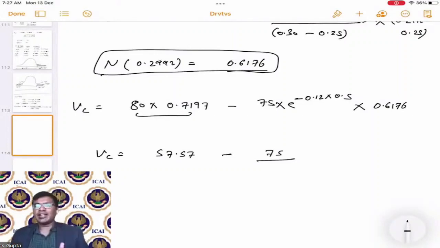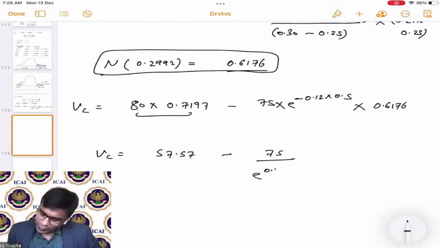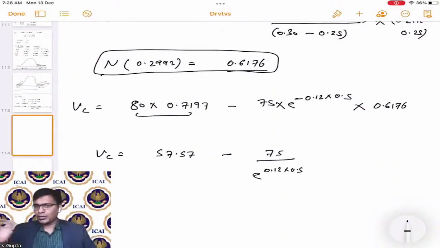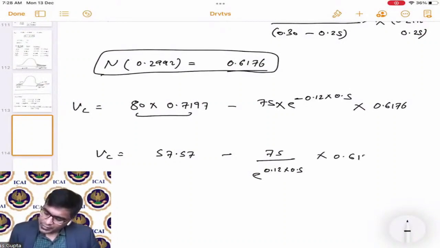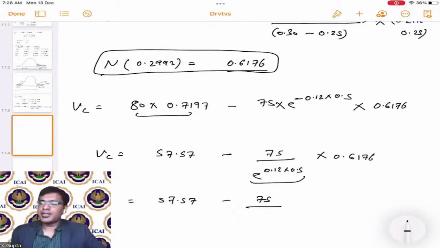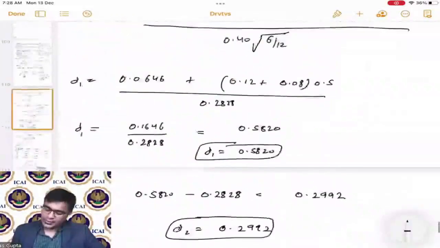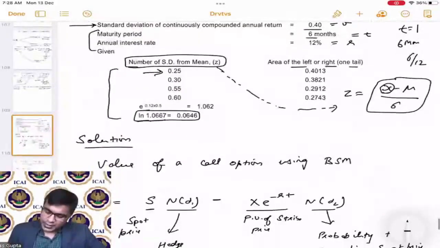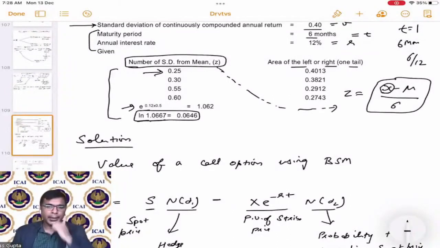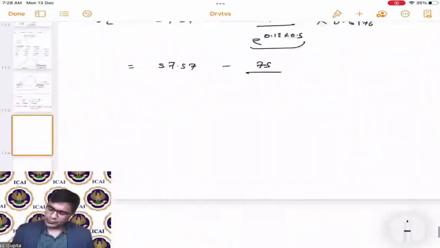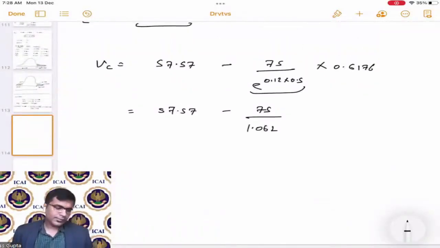If it is in the numerator with a minus sign, we can take it to the denominator, and the minus sign automatically goes away. So this is 57.57 minus 75 divided by e raised to the power 0.12 times 0.5. Now students, this exact value is given in the question, which is 1.062, multiplied by 0.6176.